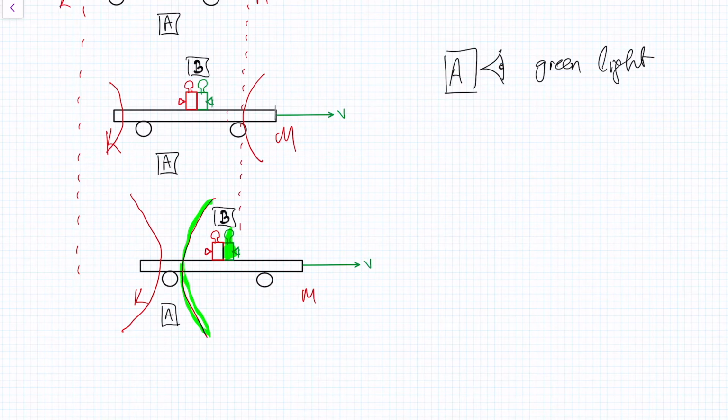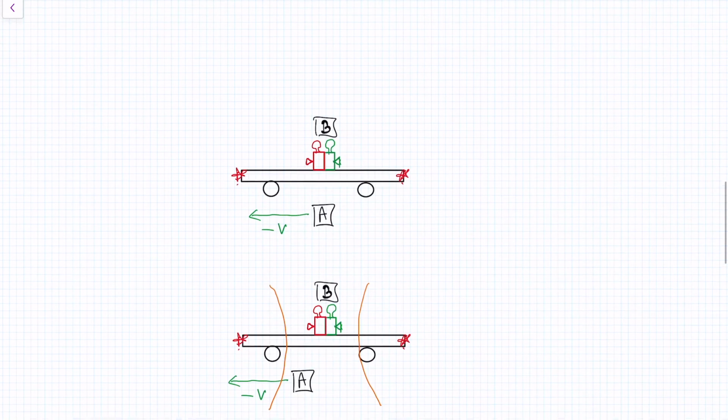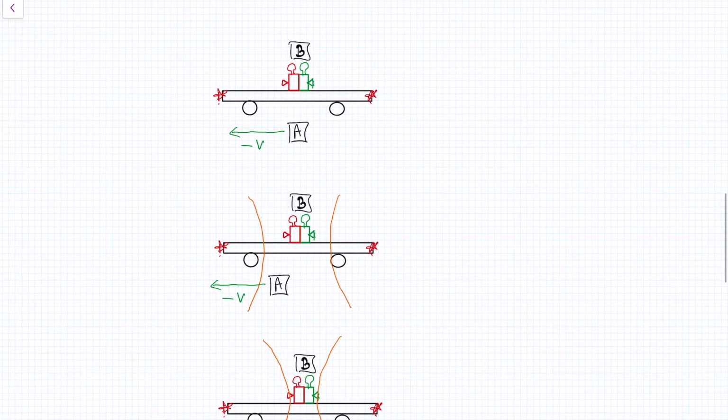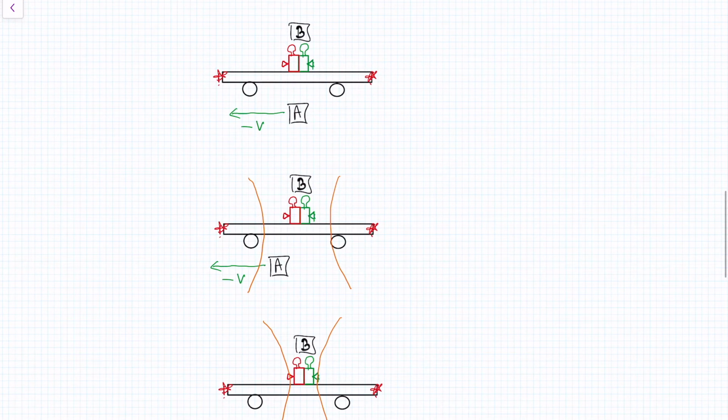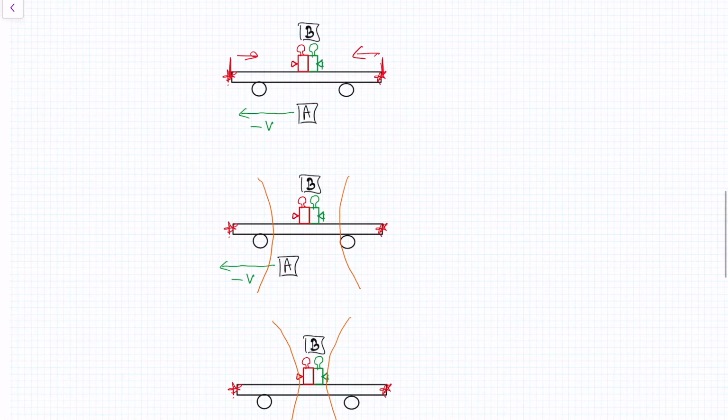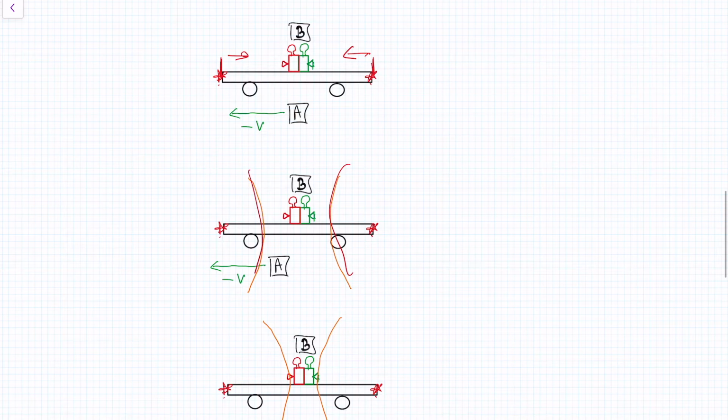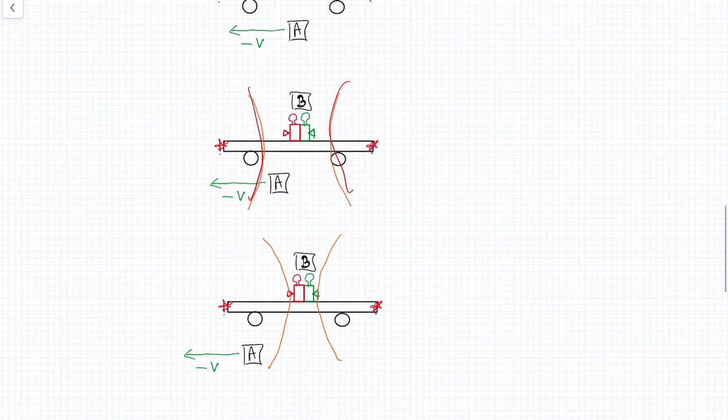Now let's have a look at the reference frame of person B. What person B will observe is the two firecrackers exploding at the same time. So the light waves will start approaching the detectors from right and from left. And then we have this point here where you see two light waves approaching the detectors.